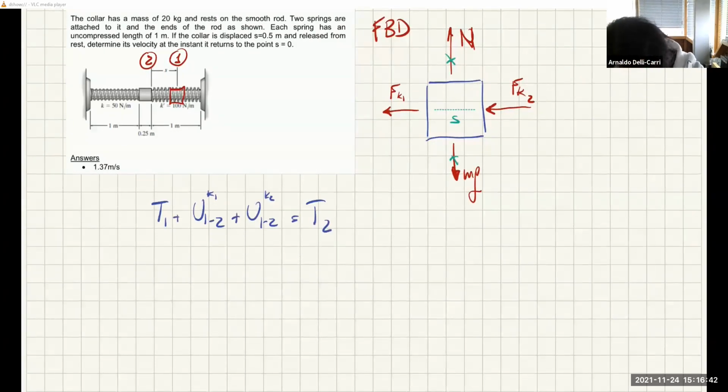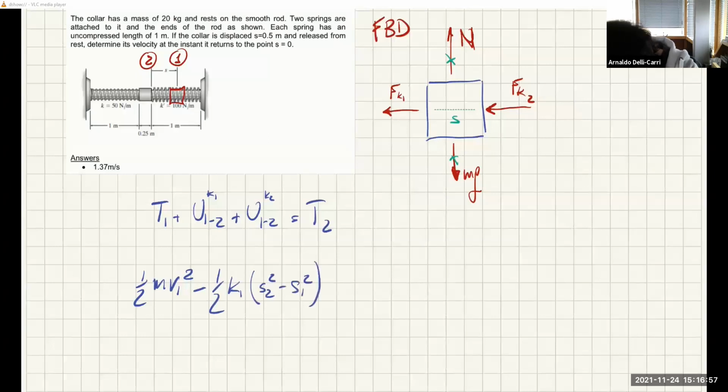Now this gives half mv1 squared minus half k1 times the final stretch squared minus the initial stretch squared, minus half k2 times the final stretch squared minus the initial stretch squared, equals T2, which is half mv2 squared.